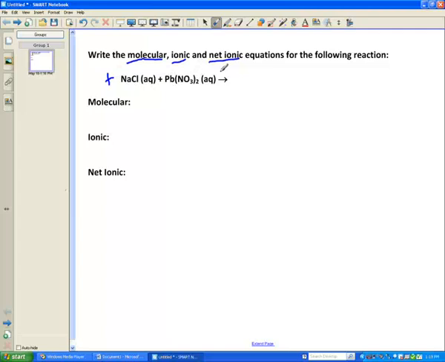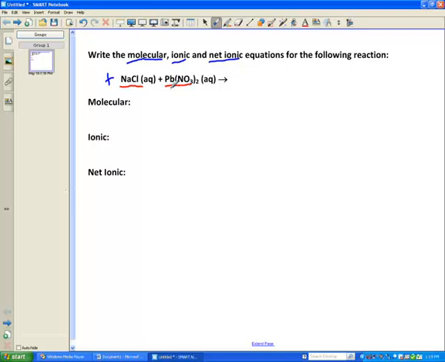And so the first thing we need to figure out is what are the products, what exactly goes here. And so we just have to remember what sort of reaction we're going to be doing here. Well, we have one species here, which is the sodium chloride. We have another one here, which is the lead 2 nitrate. And if you remember, when you have two species like this, particularly two soluble ionic compounds, this is going to be a double displacement reaction, also known as a metathesis reaction.